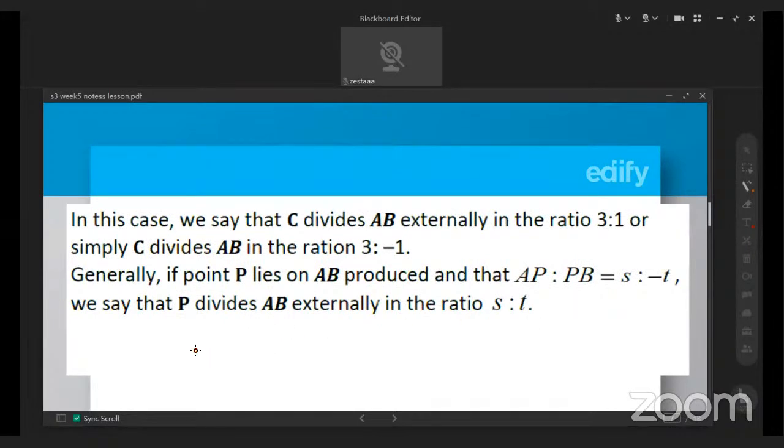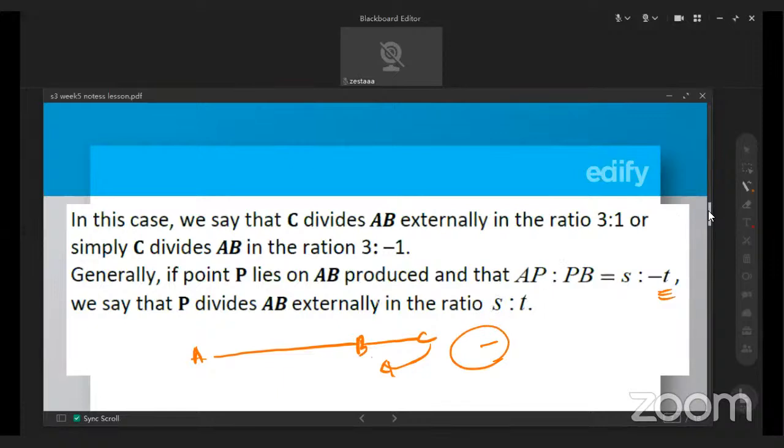If you have your line AB there, and then the C comes outside this side, it means it is external division. Meaning when you're moving back, it will become a negative value. So literally, that is how we are looking at the ratios.